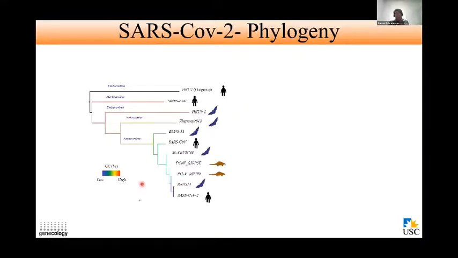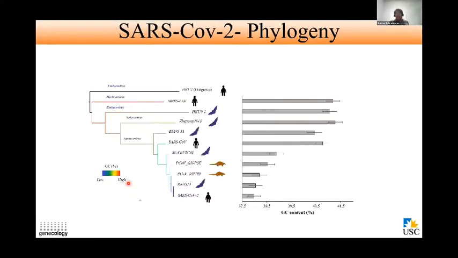Here the blue is low and red is high. When I estimated the GC content for all these individuals, you can see there's a clear pattern. From the Merbecovirus, the GC content is declining, and it is the lowest for our SARS-CoV-2 virus.